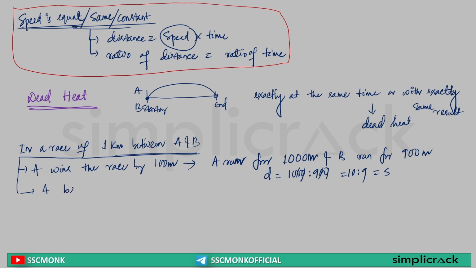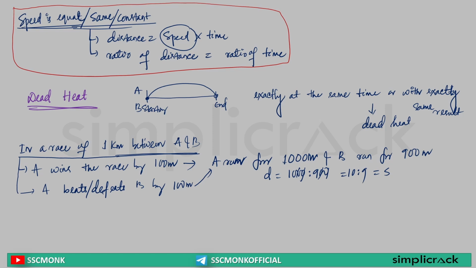Next, A beats or defeats B by 100 meter. It is the same case. If A defeats B by 100 meter, it is the same as A wins the race by 100 meter.